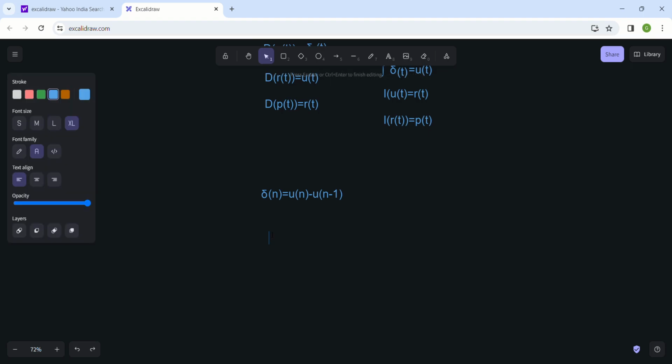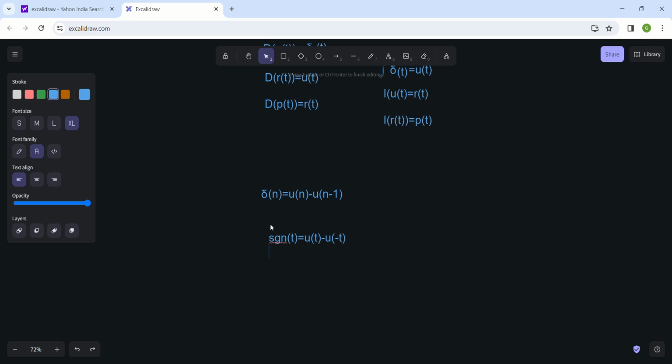Now let's see some other relations. Signum of t, that means, as you already know, plus 1 above the axis for t greater than 0, minus 1 for t less than 0. It can be written as u of t minus u of minus t.